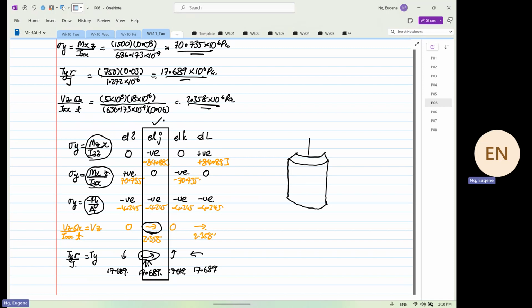We know it's under a compression of 84.883 minus 4.245, which is equal to 84.883 plus 4.245, which is minus 89.128 megapascal. In terms of shear, we know that the shear will be heading in this direction.